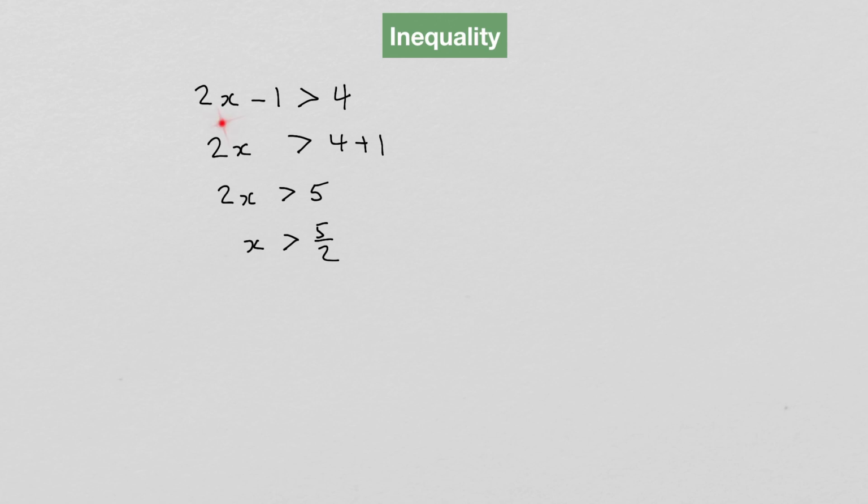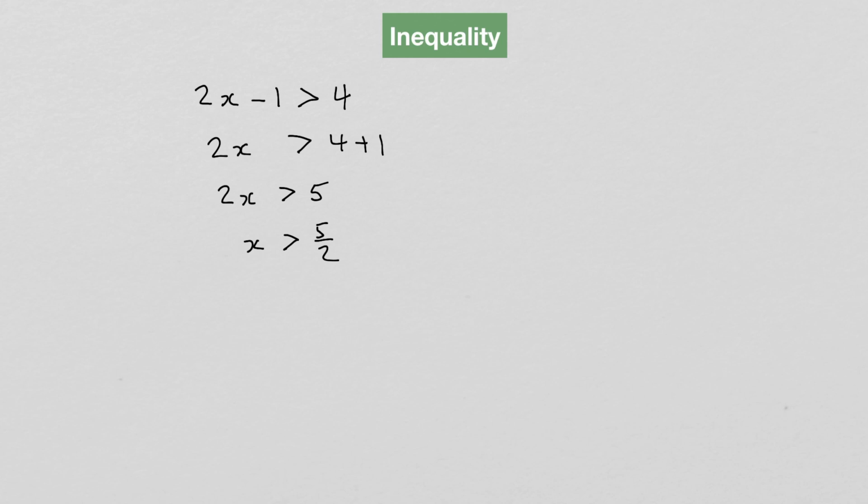If x is exactly 5/2, it will not make this statement correct. Because when you plug in 5/2 for x, we get 5 minus 1 greater than 4. 5 minus 1 is 4, and 4 is not greater than 4. And that's what makes it invalid.